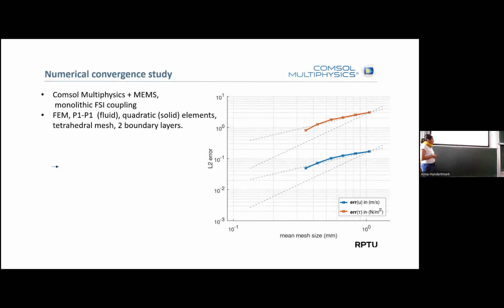So now I come to some numerical studies, numerical convergence studies, which were necessary in order to publish the paper and so on. It's a little bit boring, but okay. We computed with COMSOL Multiphysics and its special model for fluid structure interaction, where the FSI is implemented in a monolithic way, computing everything all together, a highly nonlinear system.